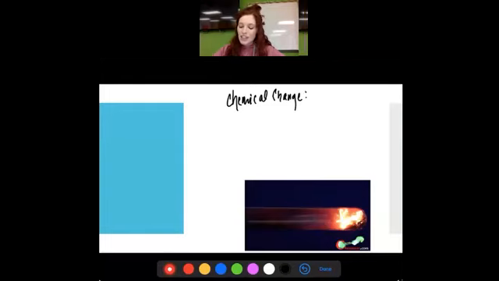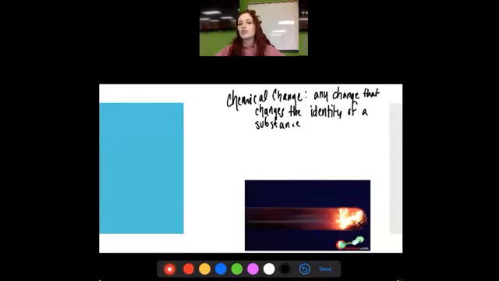So a chemical change, any change that changes the identity, it's an S, of a substance. And one thing about chemical changes is that they do come with a chemical equation. These can be represented with a chemical equation.